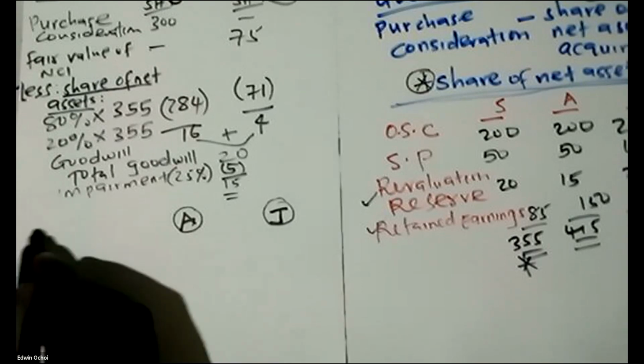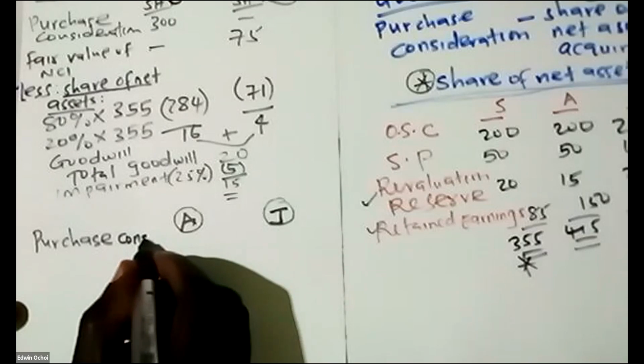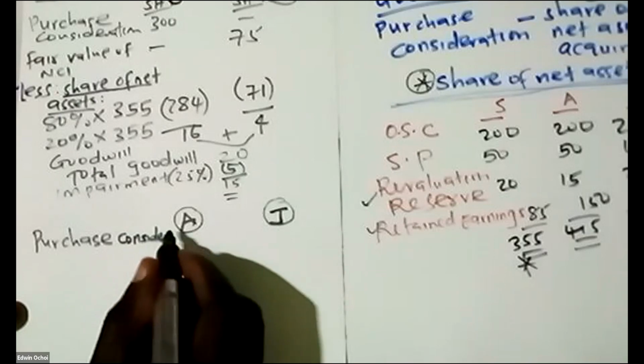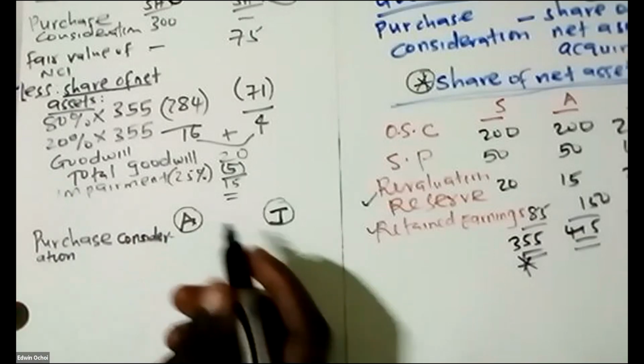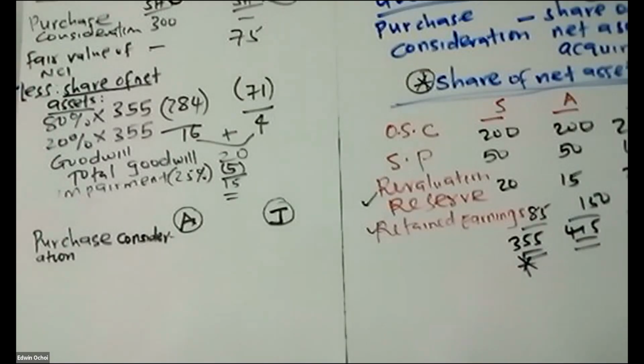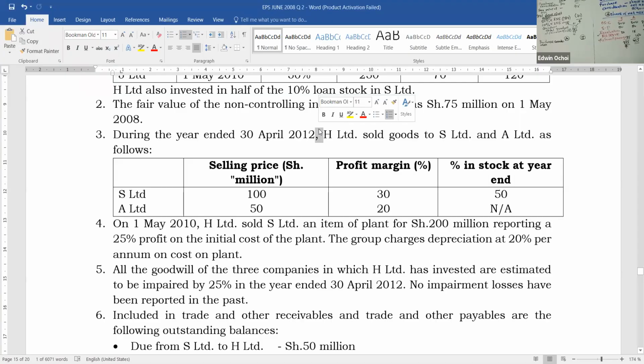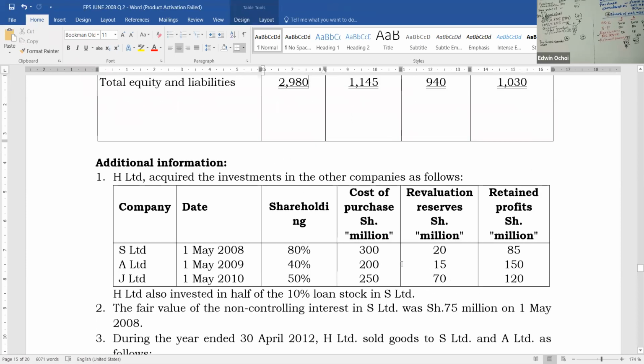So I'm doing them concurrently. The purchase consideration for A and J is the cost of purchase, 200 and 250.